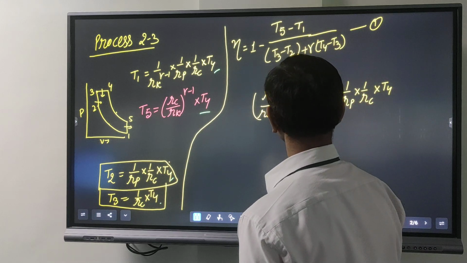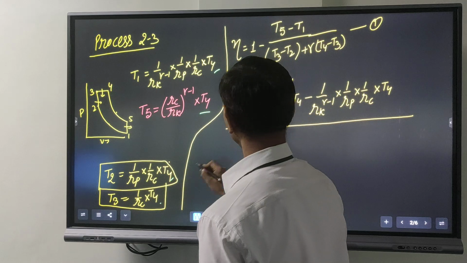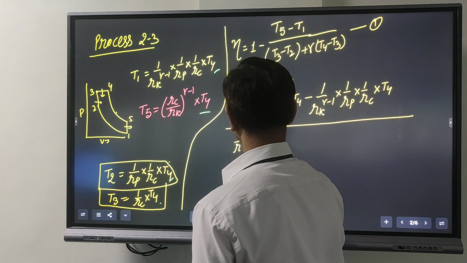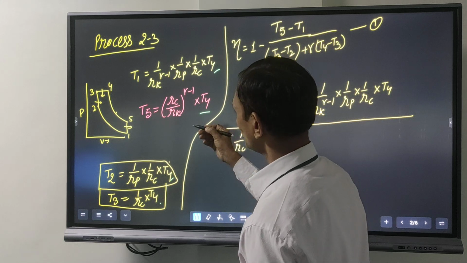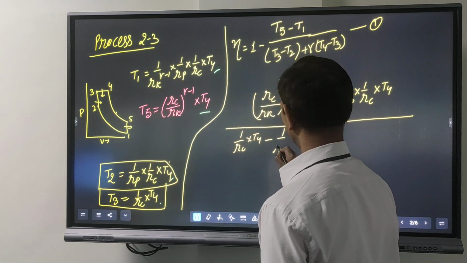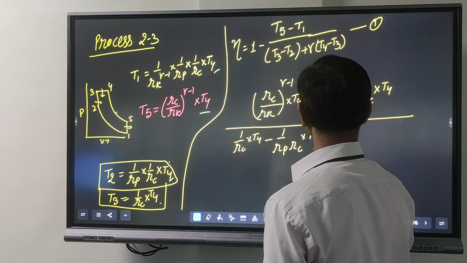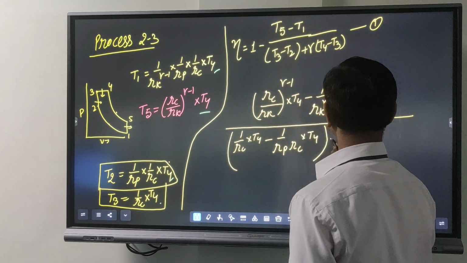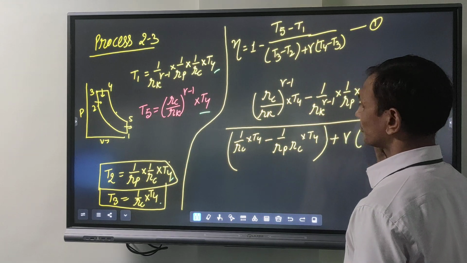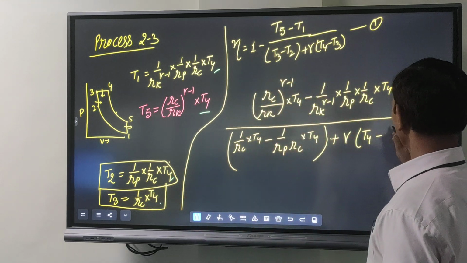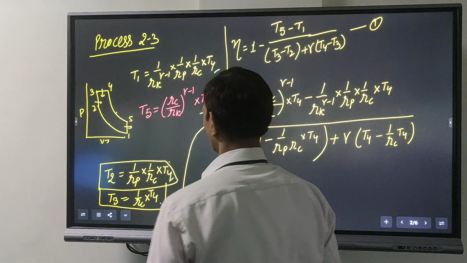Then T3 is 1 by Rc into T4, minus what is the value of T2? 1 by Rp Rc into T4, plus gamma times T4 minus T3, where T3 is 1 by Rc T4.